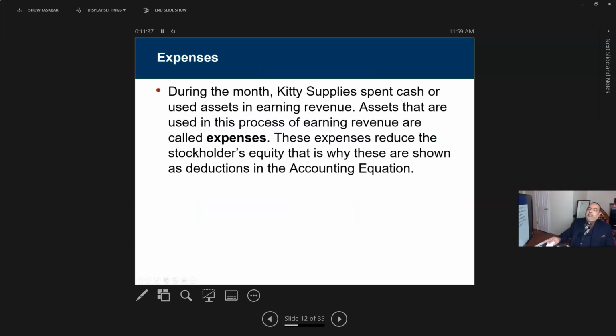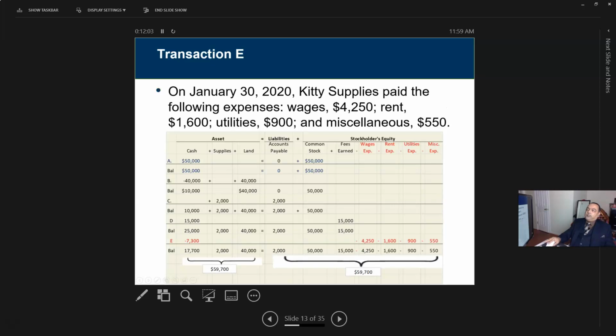Now, let's go on to the expenses. During the month, Kitty Supplies spent cash or used assets in earning revenue. Assets that are used in this process of earning revenue are called expenses. These expenses ultimately would reduce the stockholders' or the shareholders' or owner's equity. That's why these are shown as deductions in the accounting equation.